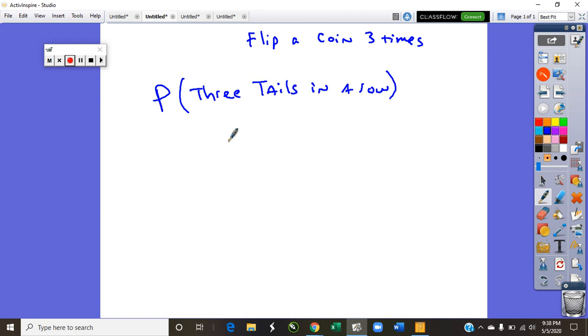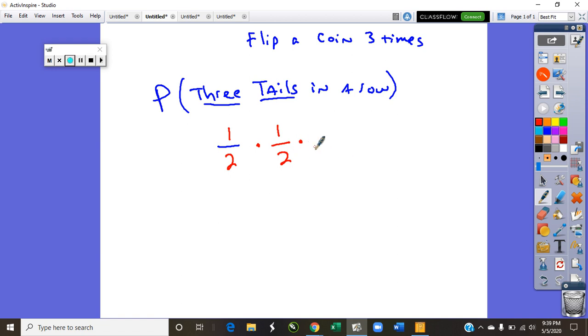Remember, how many different probabilities are there here? There's 3. So what is the probability of me getting tails on the first flip? How many possible outcomes are there? There's 2. And how many of them are tails? 1. The second time I flip a coin, how many possible outcomes are there? There's 2. And I want it to be a tails. How many tails are there? There's 1.